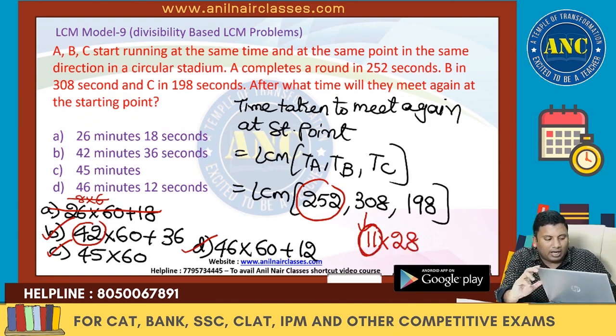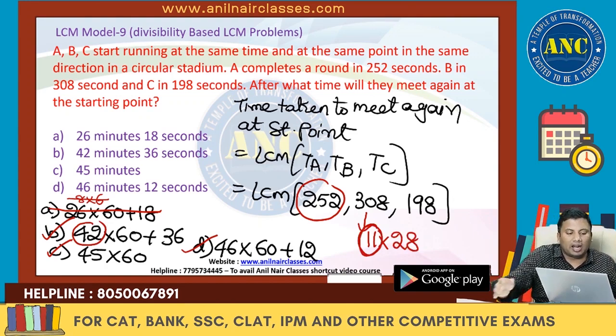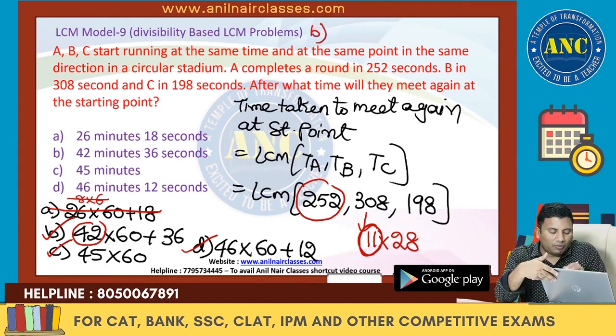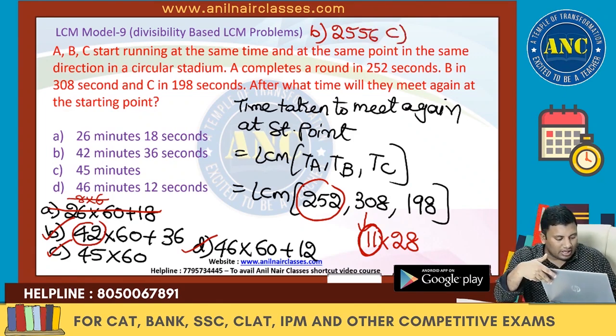If one number is divisible by 11, the other number should also be divisible by 11. If I take option B, 42 into 60 is 2520, plus 36, it becomes 2556. C, 45 into 60 is 2700.